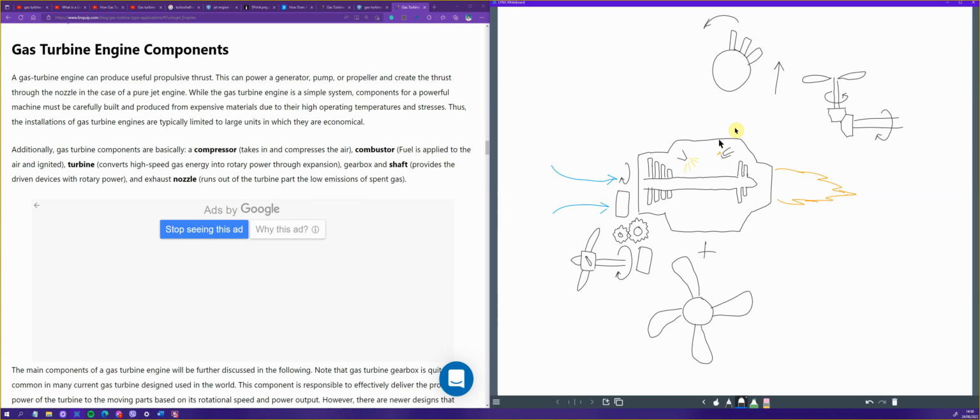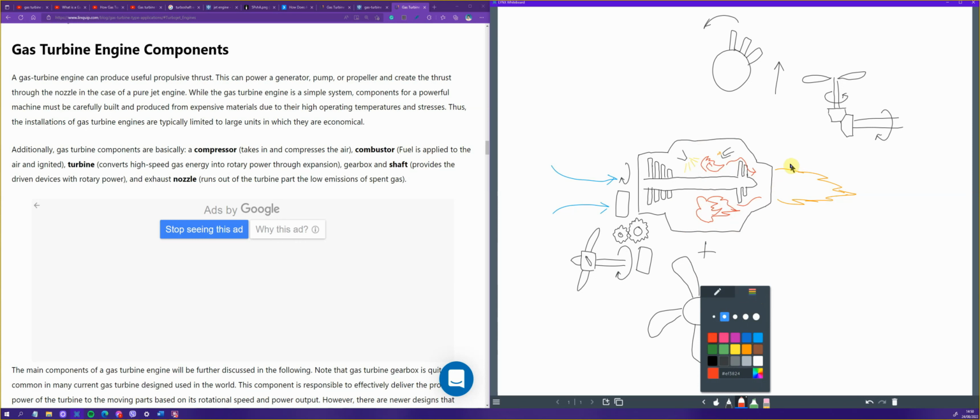Ito yung shaft mo, siya yung magpapaikot, siya yung nagkakabit sa lahat. So, ito ang mangyayari dito: pag nagkaroon ka ng apoy, nagkaroon ka ng explosion, dito lahat pupunta yan. Wala siyang ibang pupuntahan kundi yung space na to.